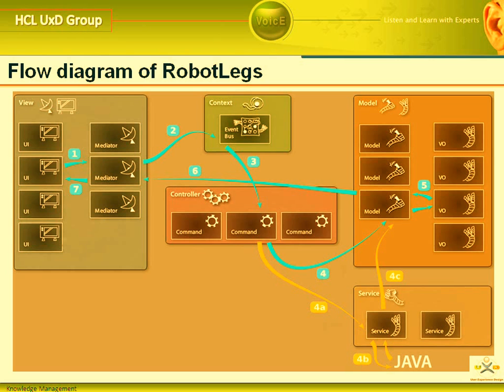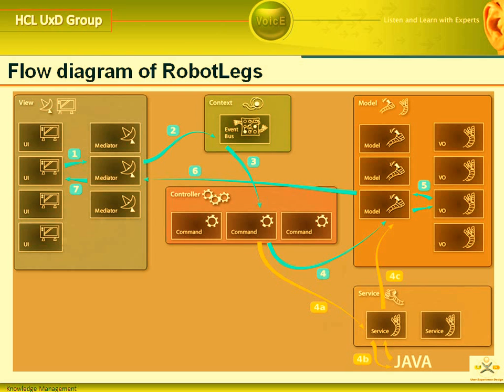If you raise an event, it will go to a context and it will identify which is the appropriate mediator to invoke. That is step 2. And once it goes to a mediator, from the mediator it will go to the appropriate command with the help of the context itself. That is step 3.